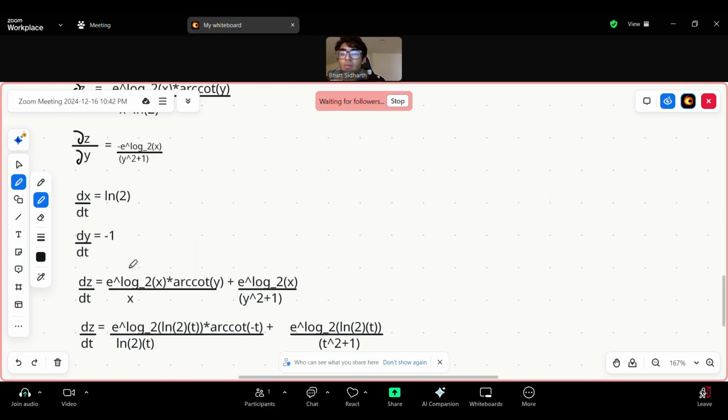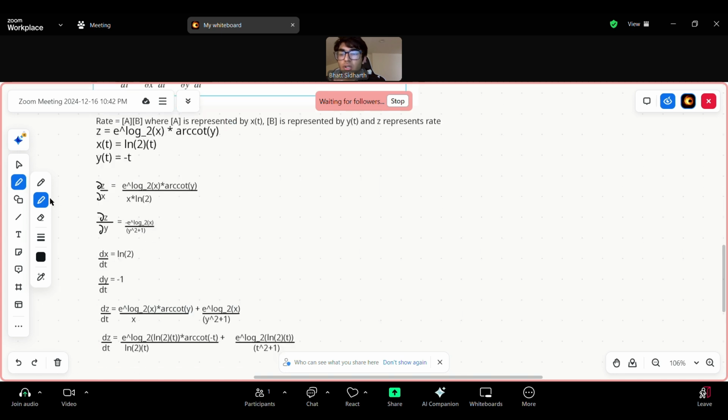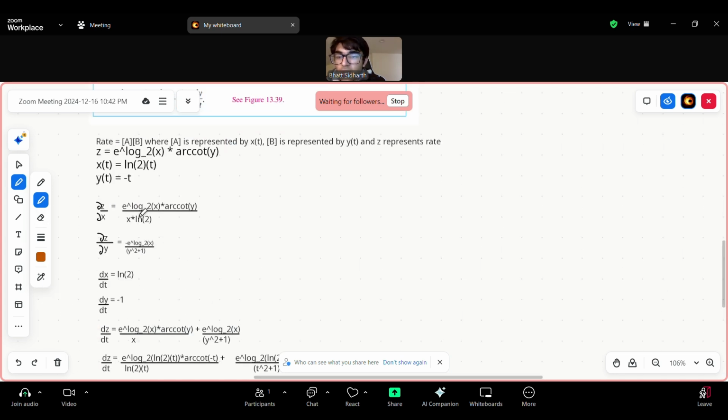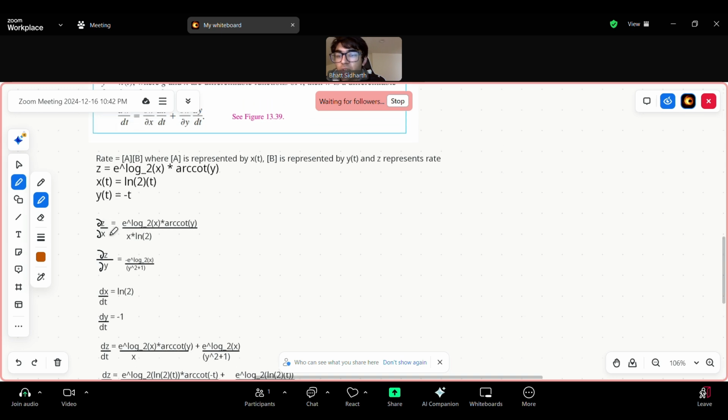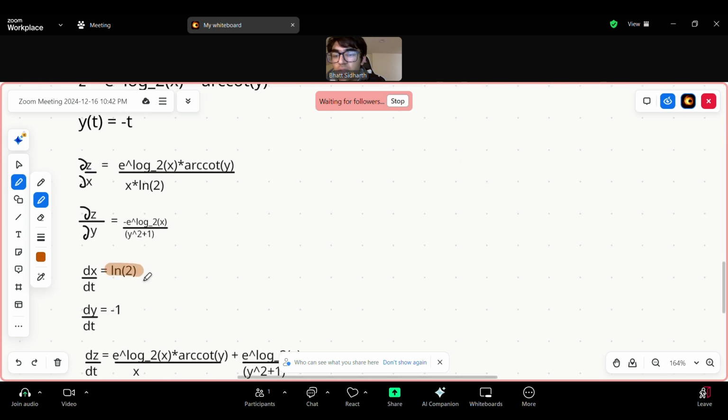And then over here, we're finally going to apply the multivariable chain rule. So I'm going to use a different color. We're going to multiply partial z over partial x by dx over dt to get the rate of change of z with respect to t for x in some ways. So the ln 2 is going to cancel out with the ln 2 at the bottom.